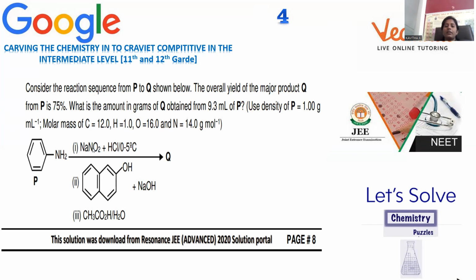That's why, in order to synthesize nitrous acid, we have to mix NaNO2 and HCl within the reaction mixture, and carry out the reaction at 0 to 5 degrees. Then only will nitrous acid be synthesized within the reaction vessel. That nitrous acid reacts with aniline, so that aniline is converted into benzene diazonium chloride.